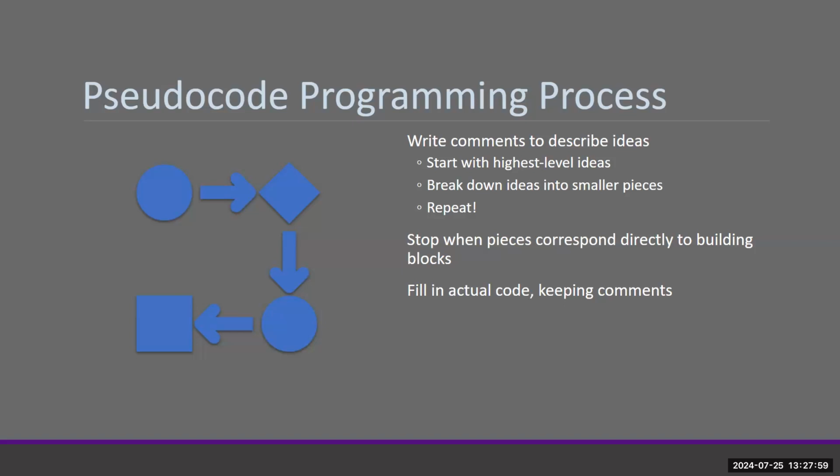When it becomes something that you can pretty much just type directly as you say it, then you're at the level that you need with your pseudocode. From there, you fill in the actual code and keep your pseudocode as the comments. So you just coded and commented your own code.